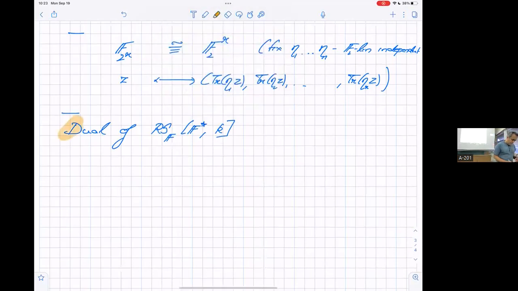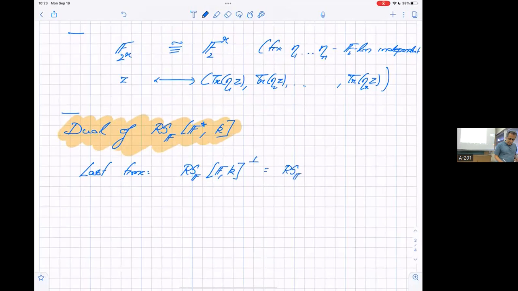Last time we had said the dual of RS F k is exactly RS F q minus k.